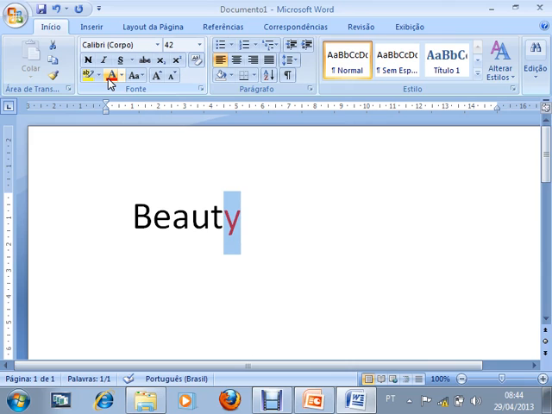Funny. That's my point. This Y is a morpheme. Now, beaut. Is it a bound or free morpheme? Bound morpheme. There's no meaning for that unless it's attached to a suffix or a prefix.